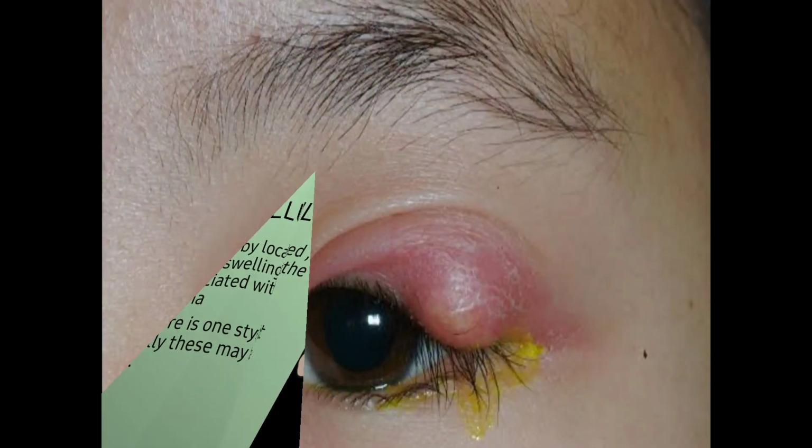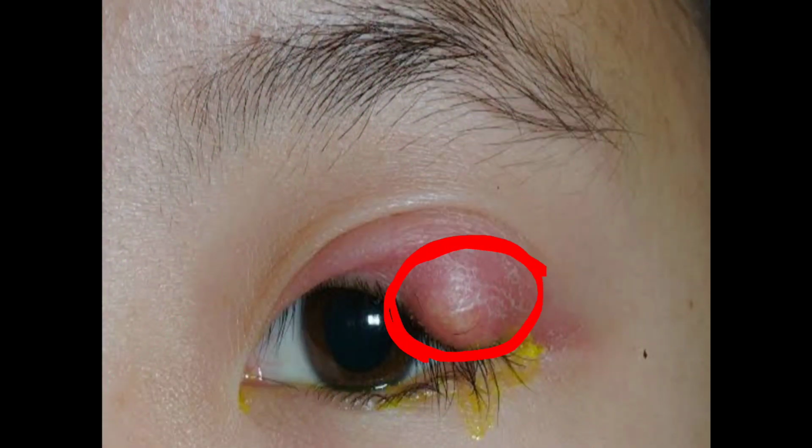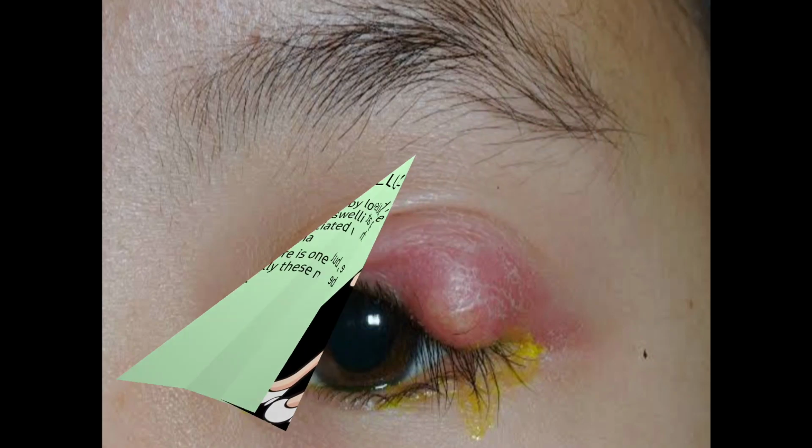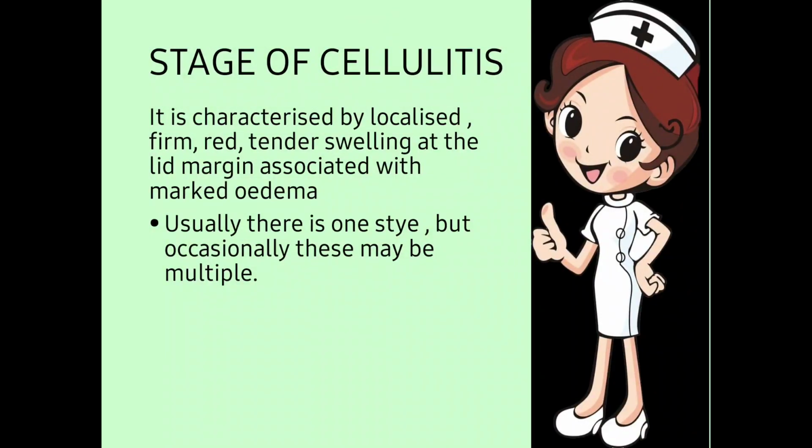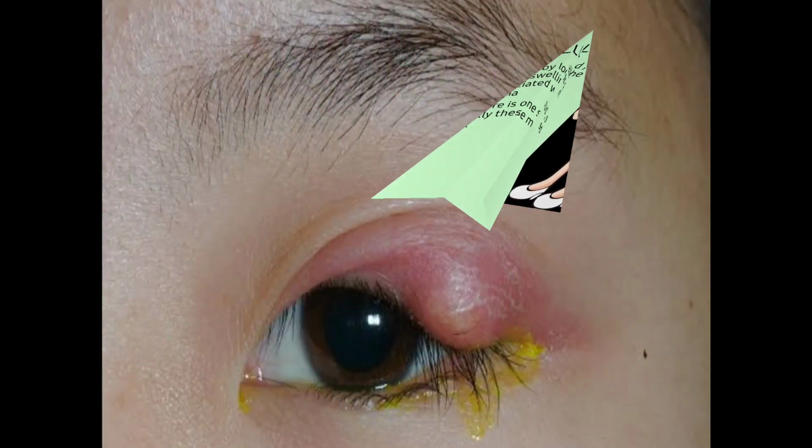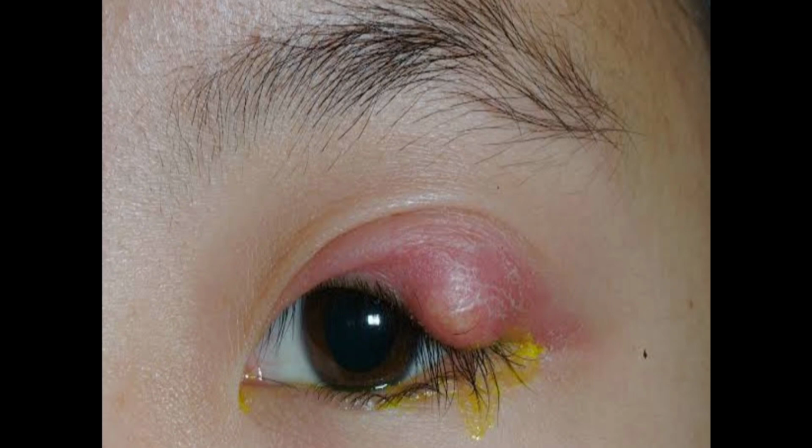Here you can see the red color, and the word tender means circular swelling appears at the eyelid. The word edema means swelling takes place. So swelling is present here, red color is present here, and a circular tender swelling is present here.